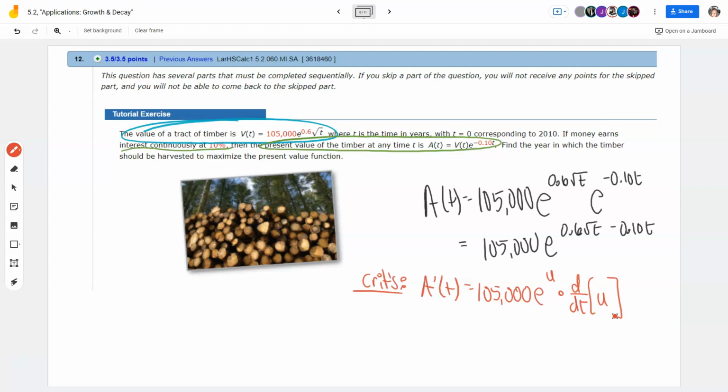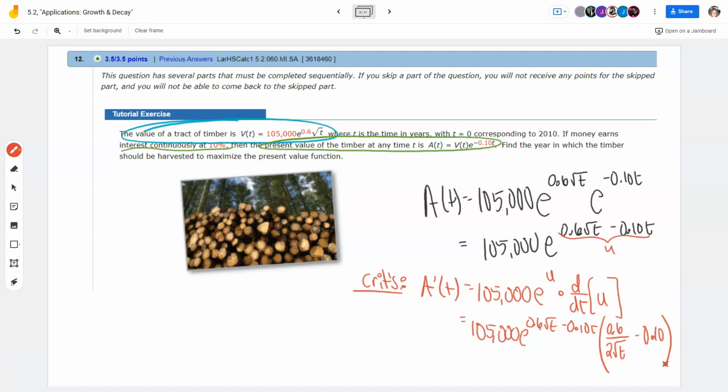I think WebAssign has you put that in where this is my u. And so that's where you end up with 105,000 e to the 0.6 square root of t minus 0.10 t times 0.6 over 2 square root of t, which they reduce to 0.3 minus.